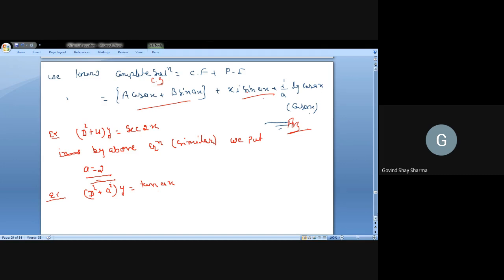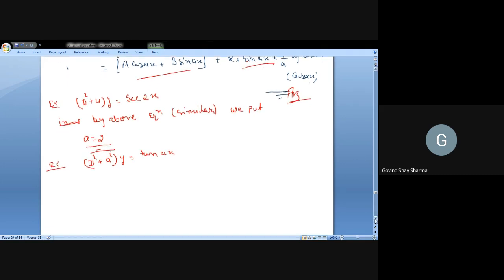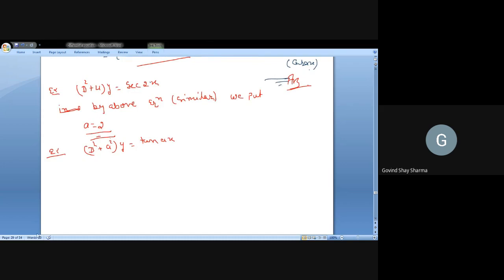These 3 and 4 questions are very important with respect to time and for the exam. D square plus a square y equals tan ax. Same question here, again a is equal to 2. So this is a repeating question.